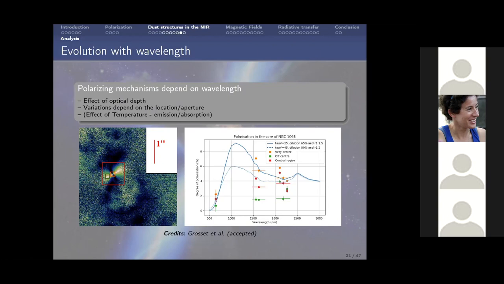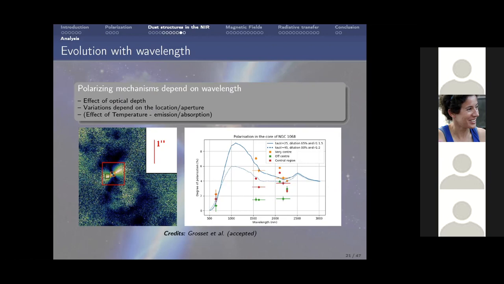So we're not at 150 in V, but between 25 and basically 50 for optical depth, which is a bit more reasonable and actually closer to the expected values. And so with the model, we can actually see a very clear increase of the polarization, well, around 1 micron, and then a slower decrease up to 2 or 3 microns.